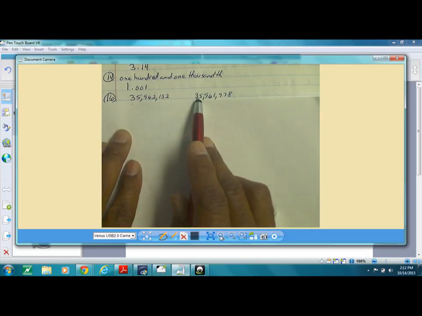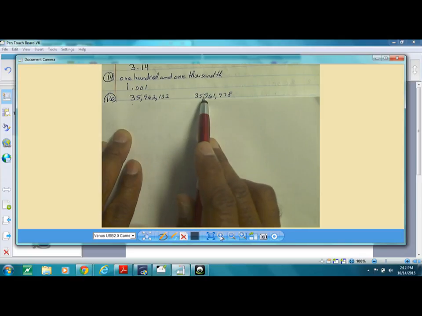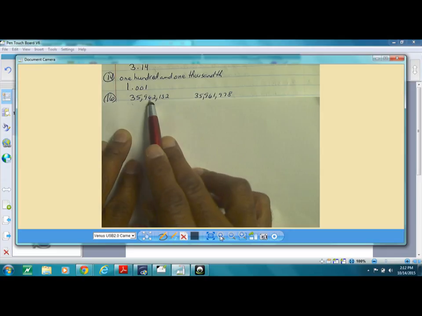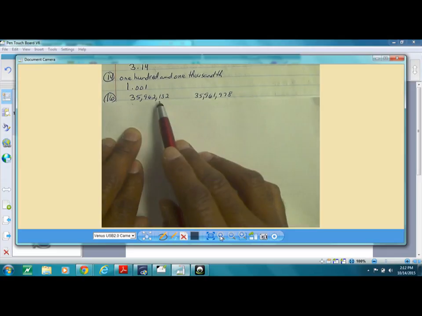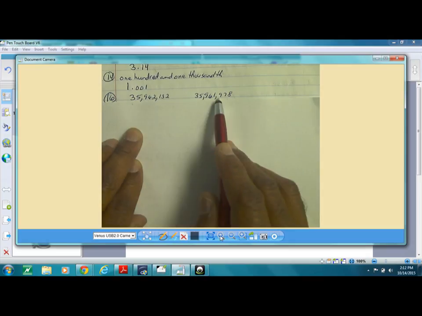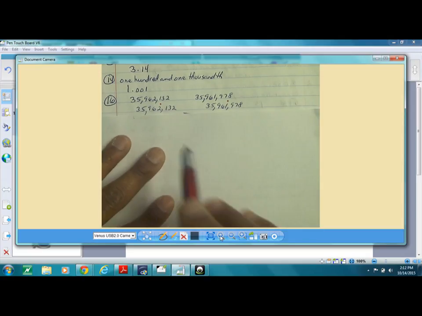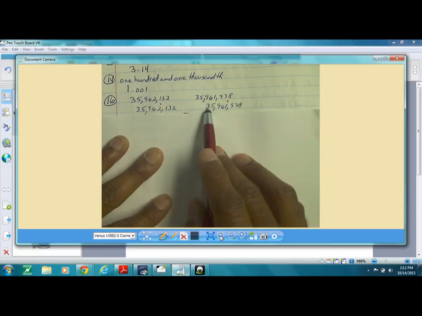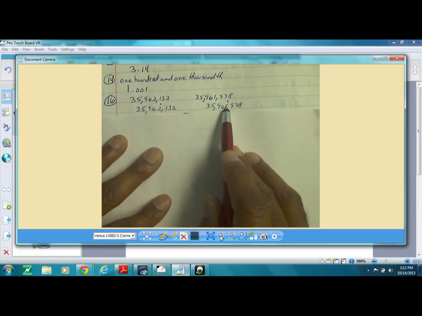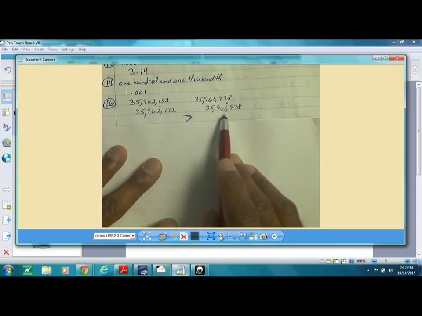Both of them have a 5 in the millions. Both of them have a 9 in the 100,000s. Both of them have a 6 in the 10,000s. But if you look in the thousands place, this number has a 2 and this number has a 1. So we're looking at the number in the thousands place to decide which one is greater. And the 2 is greater than the 1. So this number is greater than this number.